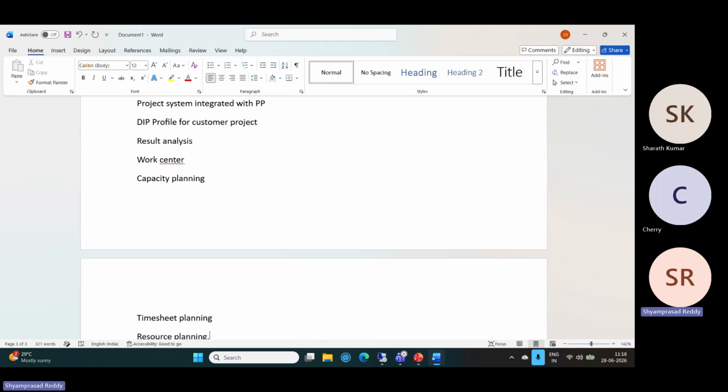We will discuss CapEx, OpEx, integration with procurement, sales, finance, and controlling. We will discuss customer projects and vendor projects, everything.